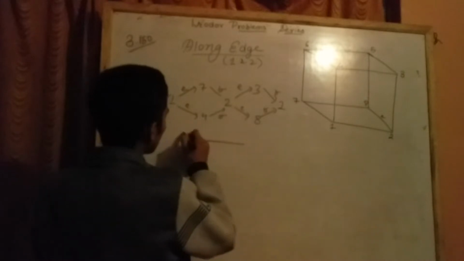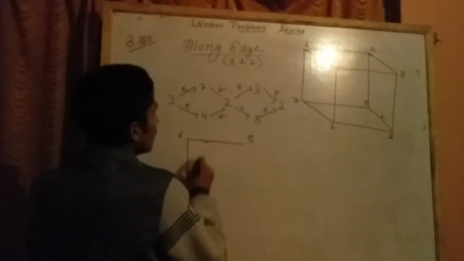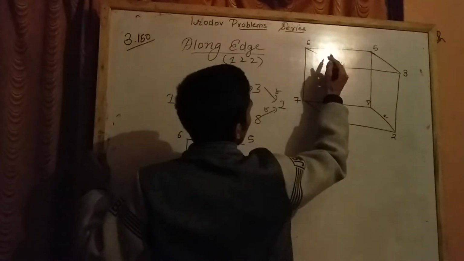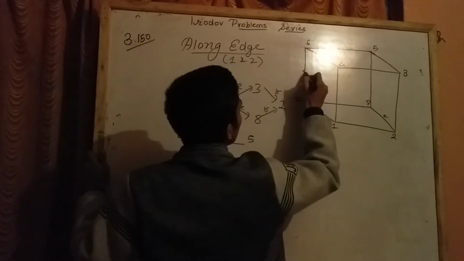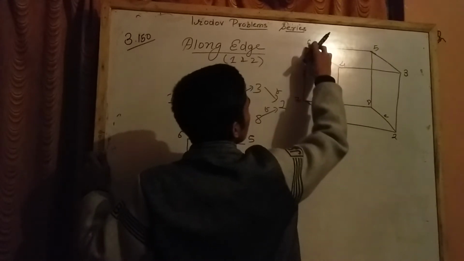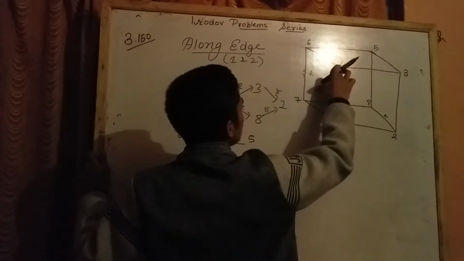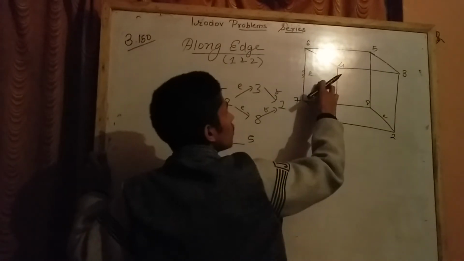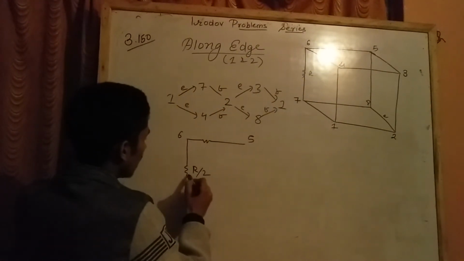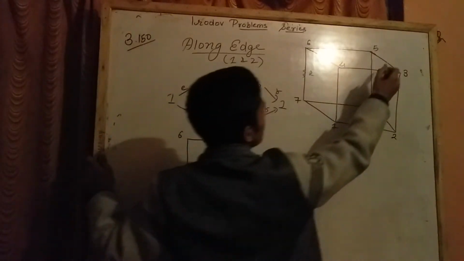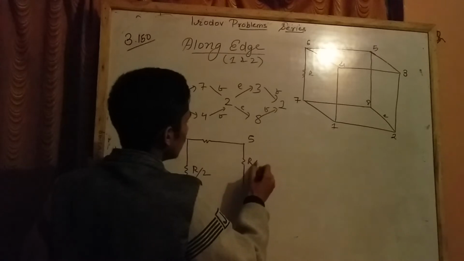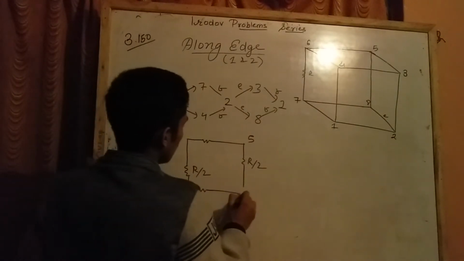So from 6 to 5 there is a resistance R, and from 7 there is a resistance R here, and again the resistance R here. Both are in parallel, 6 and 4 and 6 and 7, because these 2 points are identical. So combining them I can write R by 2. Similarly we can do this for this one, R by 2, and then again R by 2.